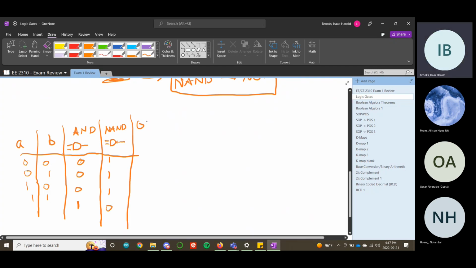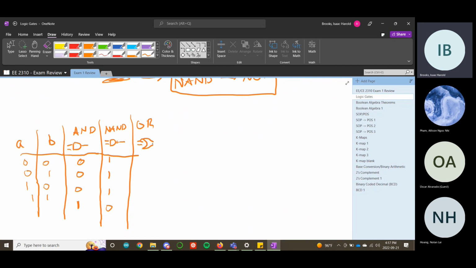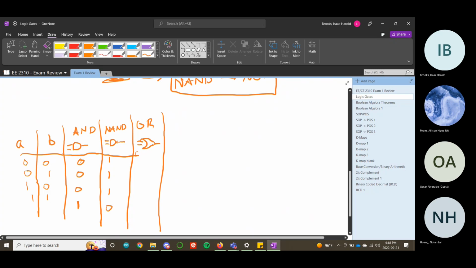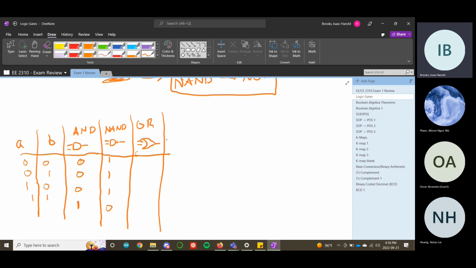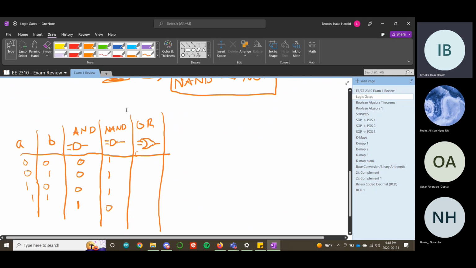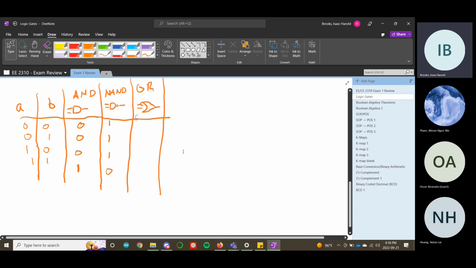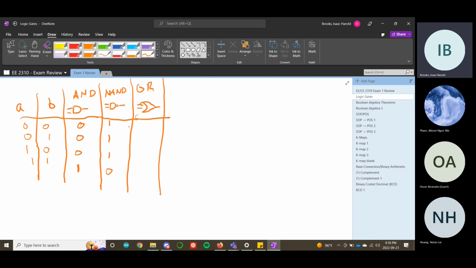Okay, we can do OR as well. OR looks like the pointy one. Remember, that one's always hard to draw. I was never good at that. I am using a tablet, but because it doesn't look good, I'm going to pretend like I'm using a mouse. So OR, remember, is 0 when both the inputs are 0.